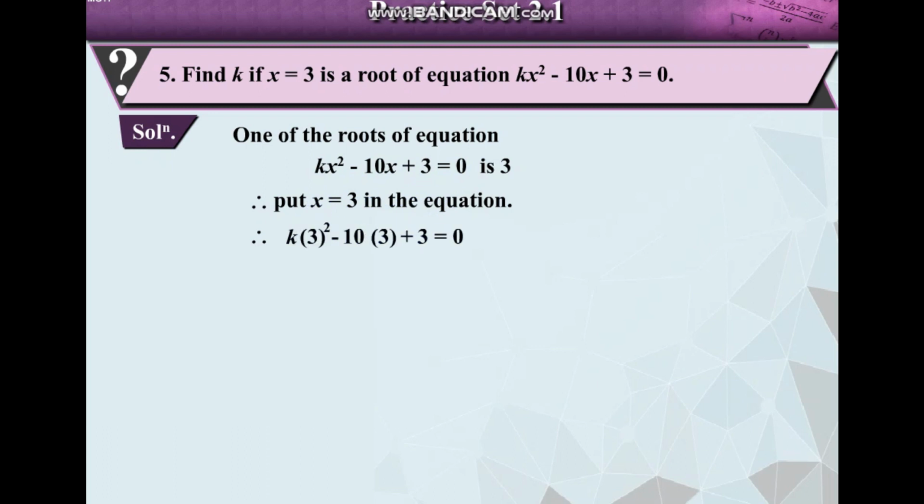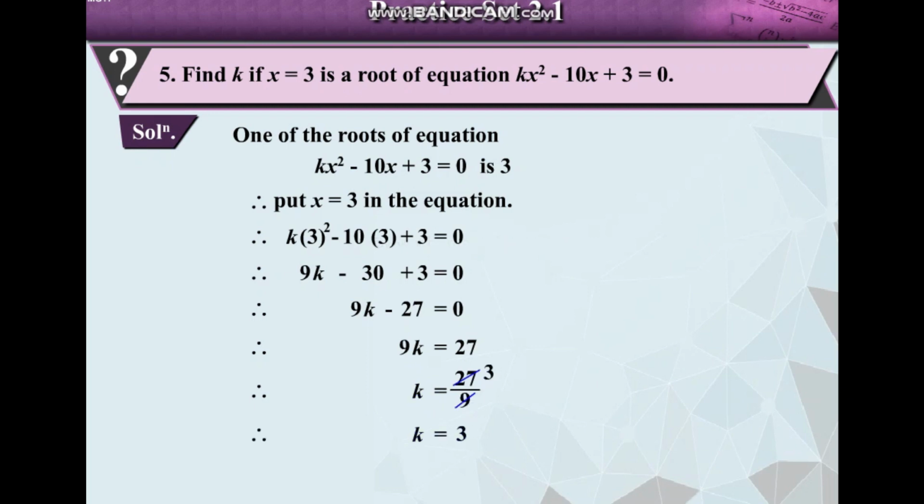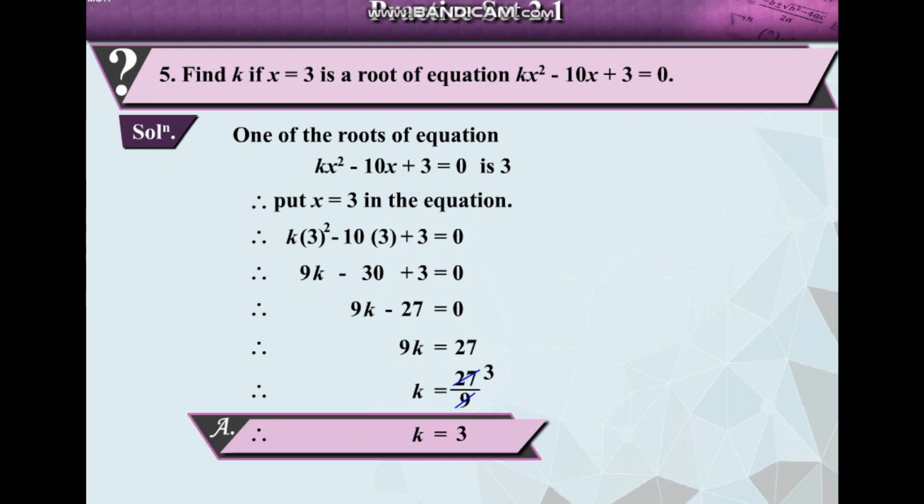Therefore, k multiplied by 3 square minus 10 multiplied by 3 plus 3 is equal to 0. Therefore, 9k minus 30 plus 3 is equal to 0. Therefore, 9k minus 27 is equal to 0. Therefore, 9k is equal to 27. Therefore, k is equal to 27 upon 9 is equal to 3. Therefore, k is equal to 3.